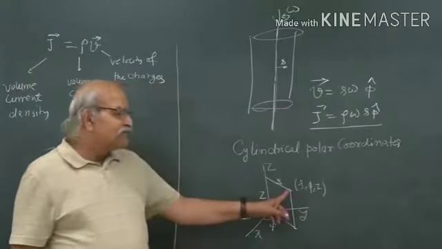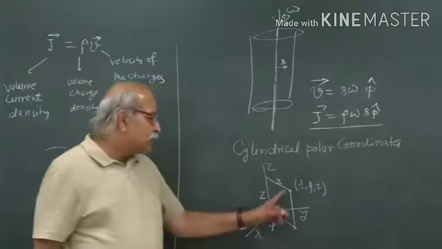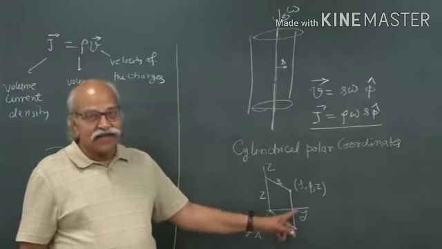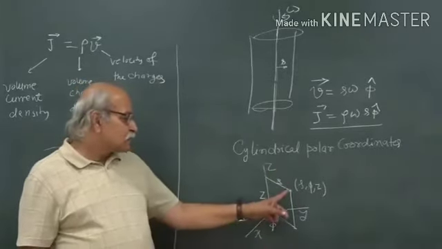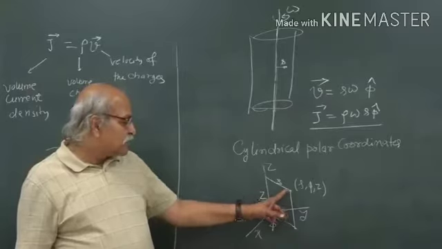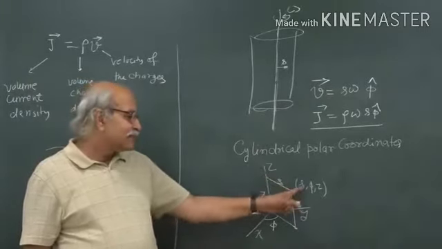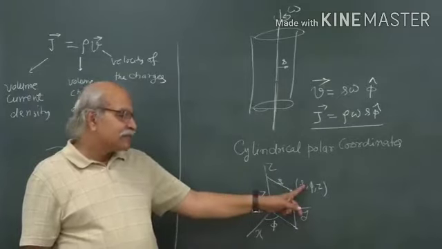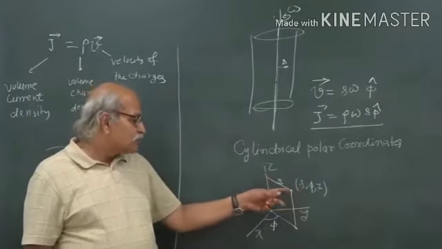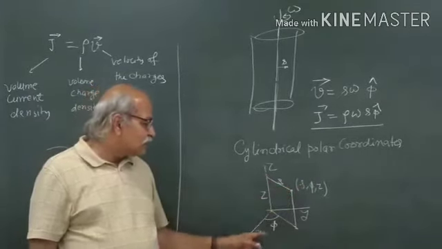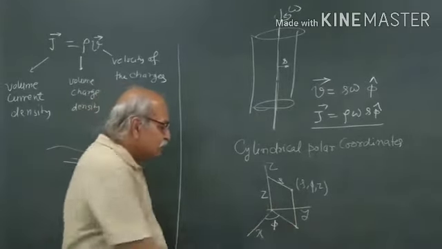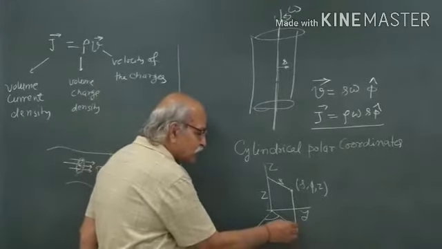If a point is given, and x, y, z axes are chosen, drop a perpendicular from the point to the z axis and see how much distance it is, that is s. Then drop a perpendicular from this point on the xy plane, and the foot of the perpendicular is joined with the origin.